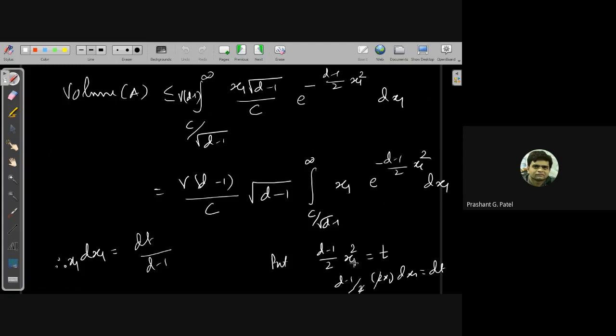Consider this: d minus 1 by 2 x1 square is d, this is 2 x1 dx1 by dt. Yeah, no problem with that. x1, dx1 is this.